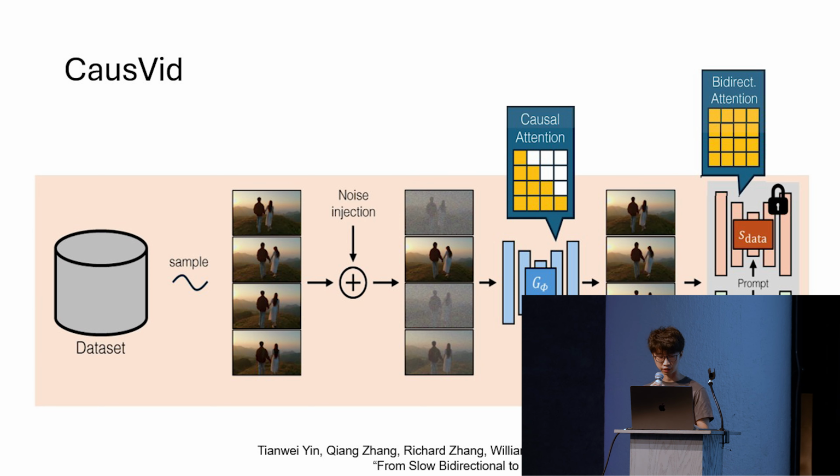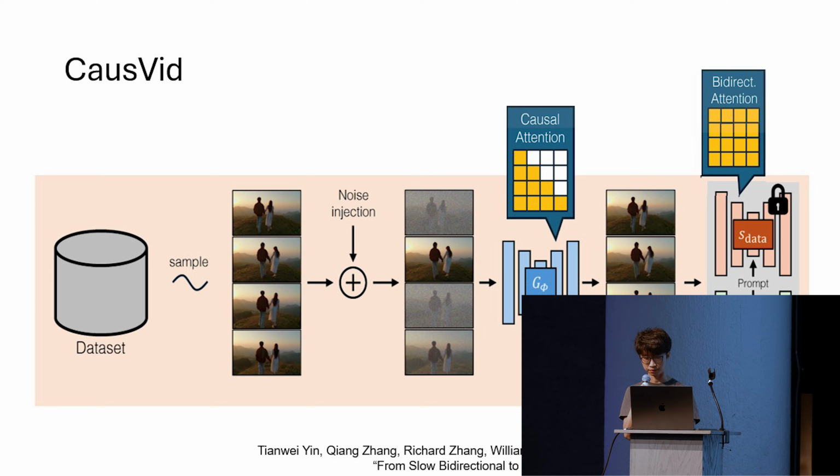You have a dataset of videos, and you randomly sample some video from the dataset, and you use diffusion forcing to inject frame-independent levels of noise. Then you have a causal diffusion generator that has this causal attention mask, where each row is a query frame, and it only attends to all the tokens in the same or previous frames.